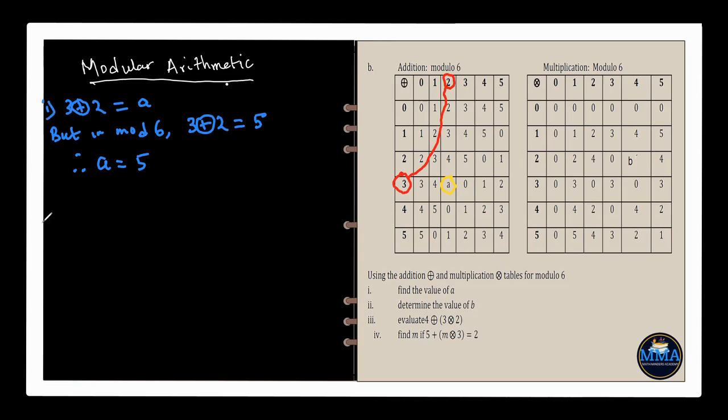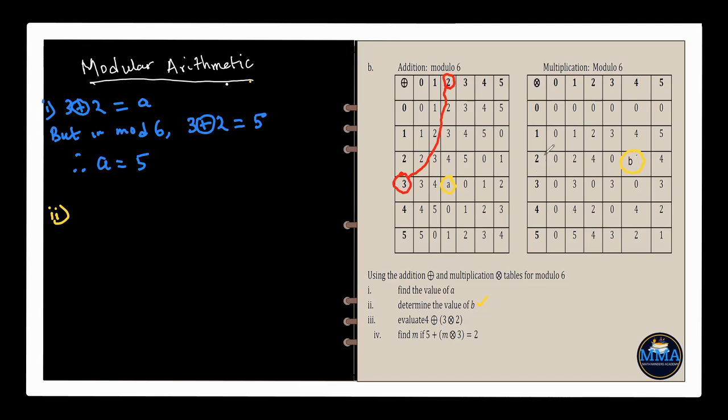Now, this is the I. Let's look at the II. In the II, we are looking for the value of B. And from this second table, this is where we have B. The second table is the table of multiplication.